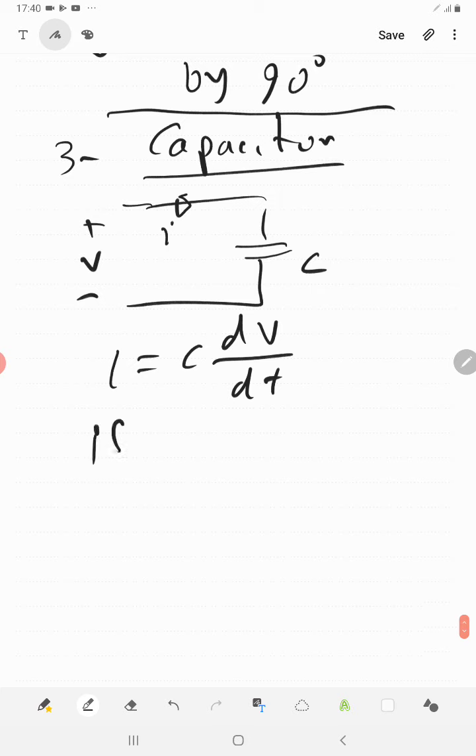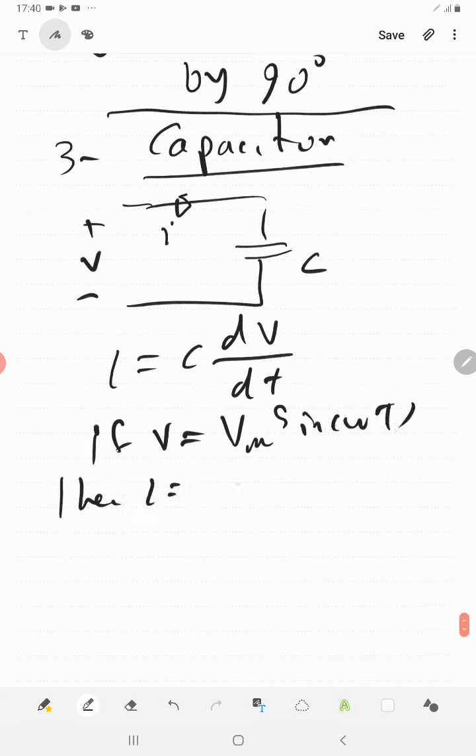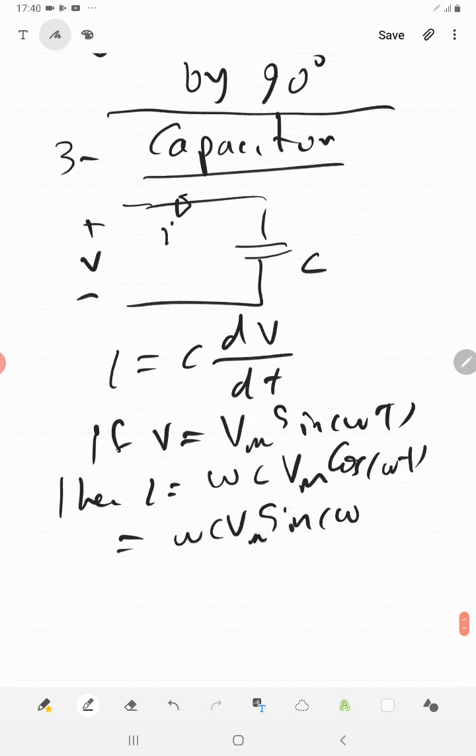So if V is equal to V maximum sine omega t, then I is equal to omega C times V maximum times cosine omega t, which is equal to omega C V maximum sine omega t plus 90 degrees.